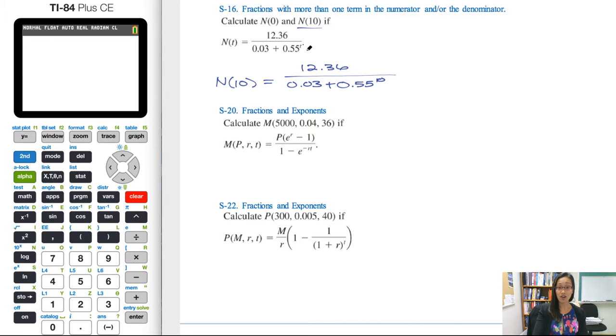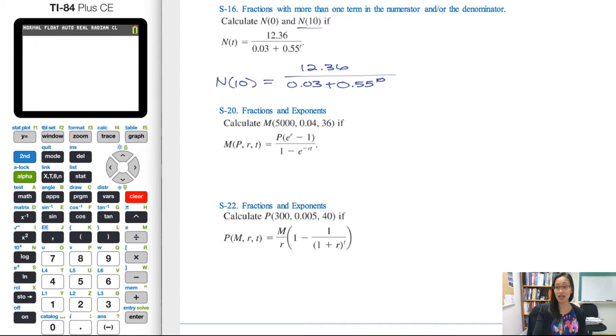Here, we've got a fraction. So it's really important that anytime you have a fraction where either the numerator or the denominator, and maybe sometimes both, has more than one term in it, like here in the denominator, it has two terms. It's got the 0.03 and the 0.55.